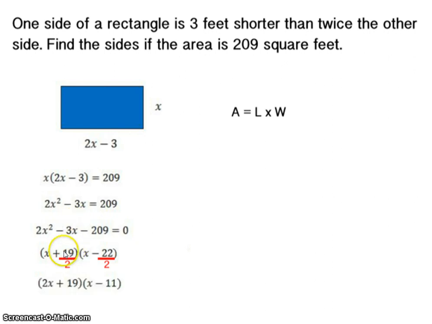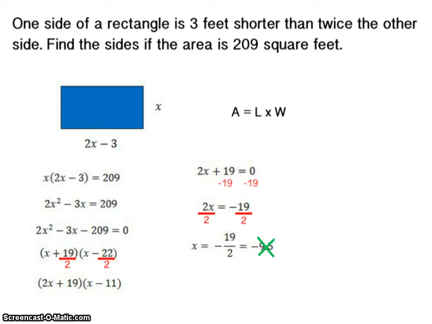I see that 19 over 2 does not simplify, and so I move that 2 in front of the x and end up with 2x plus 19. However, 22 divided by 2 is negative 11. So my factors are 2x plus 19 and x minus 11. Now to solve, I need to set each one of those equal to 0 and solve.